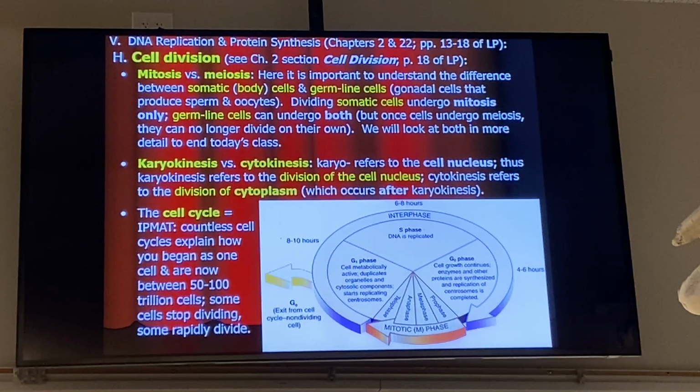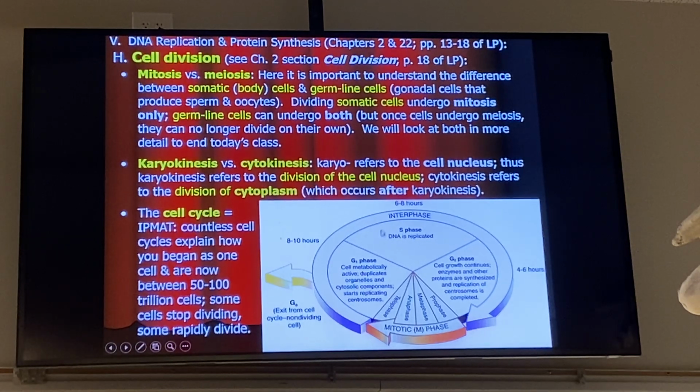Cells are in interphase the vast majority of the cycle. PMAT is a tiny slice of the pie. If you look at this picture, interphase is purple. And they expanded the size of mitosis to fit the words in. The actual slice of the pie for mitosis is much skinnier than that. Everybody got it? And it's just cycling around I, PMAT, and here you can see that PMAT is mitosis.